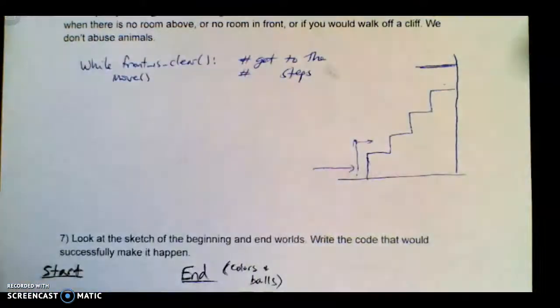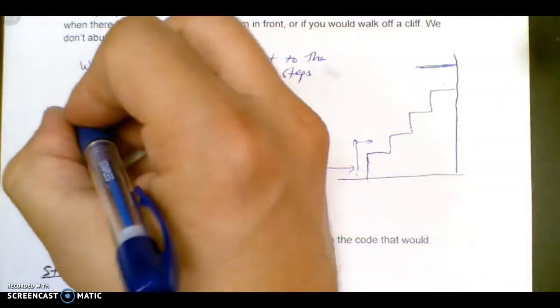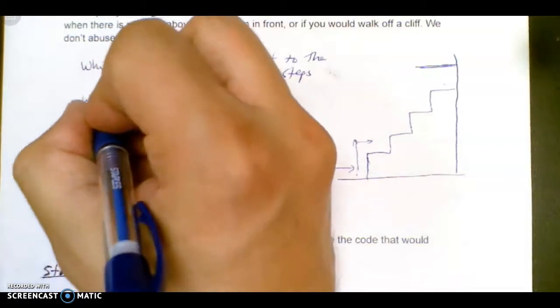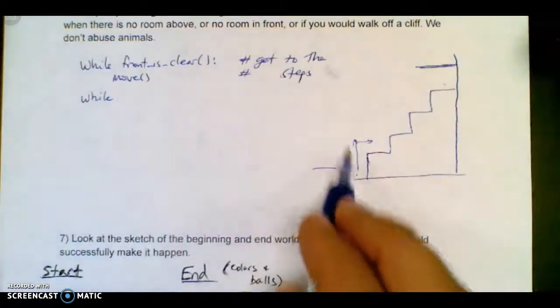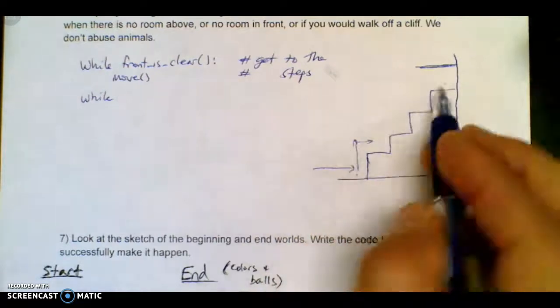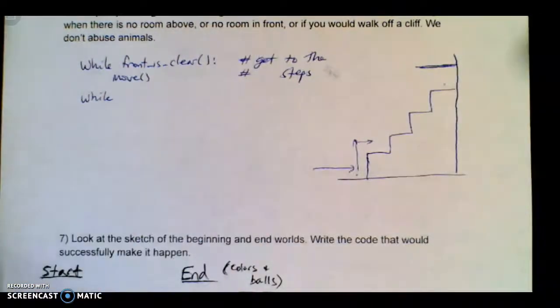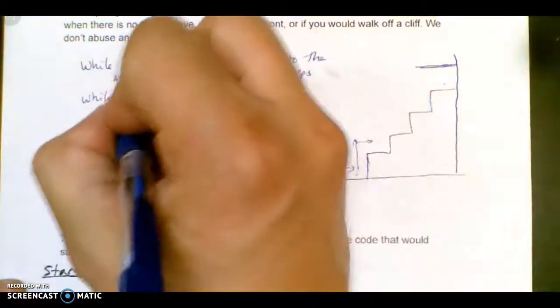So what are we going to do? While, here we go. While above me is clear, because I don't want to keep moving if I hit the roof. So what's above me is clear? That would be left is clear? Yeah, because below was right.